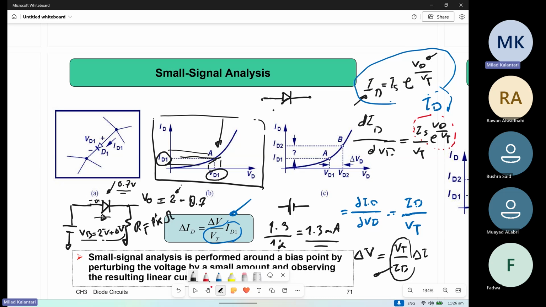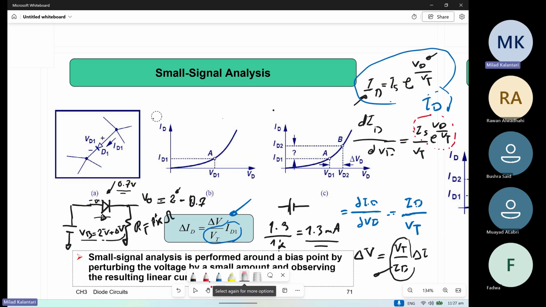So in fact, it is suggesting that the diode, basically at that specific region, if some small variation happens, is like some small resistor.